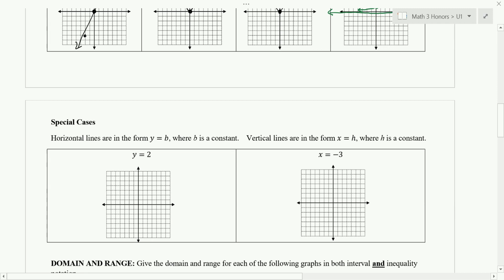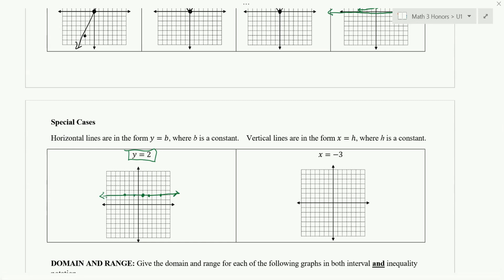This is saying whatever point you pick, the y value has to be stuck at 2. x could be whatever you want, but y is stuck at 2. So if x is 1, y is 2. If I plot that 1, 2 right there. If x is 5, y is 2. So if I go 1, 2, 3, 4, 5, y is stuck at 2. No matter where it is, y is stuck at 2. You see this starts to create a horizontal line at a height of 2. Just stuck there.